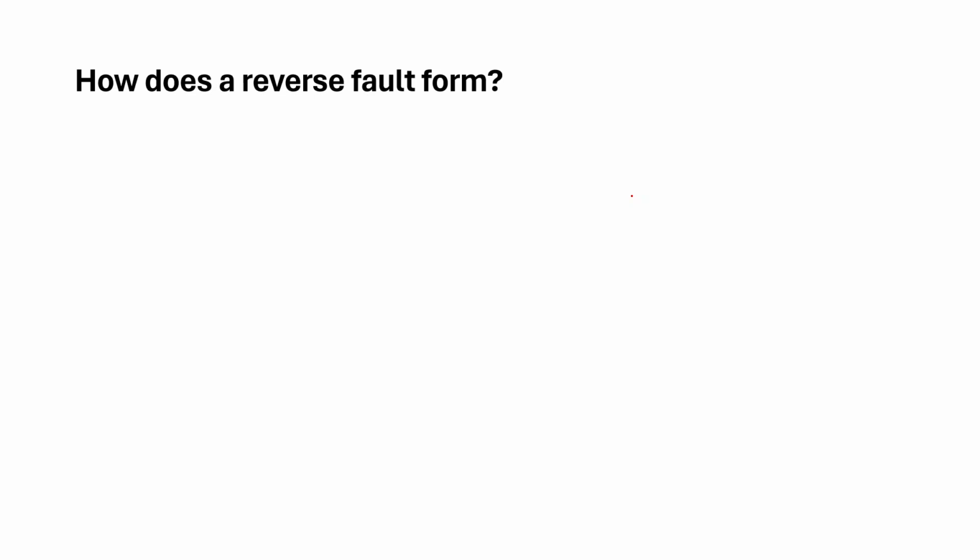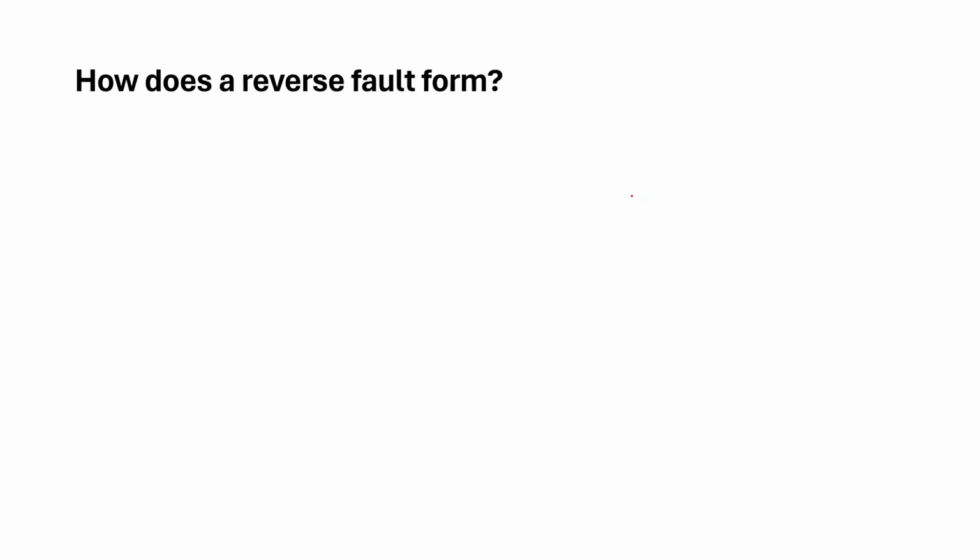This is not a very essential question, but for the sake of understanding I thought I should put it here because I had explained it in the last session. So how does a reverse fault form? There might be some kind of external forces acting because of which this reverse fault forms.